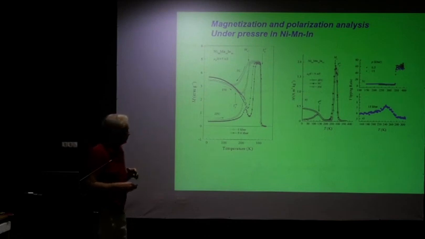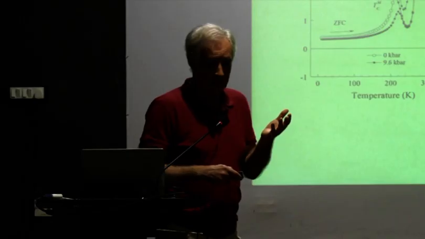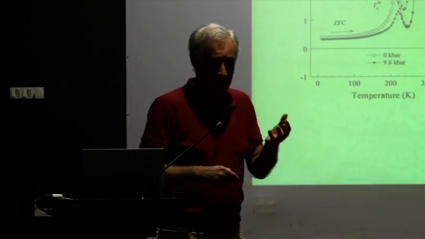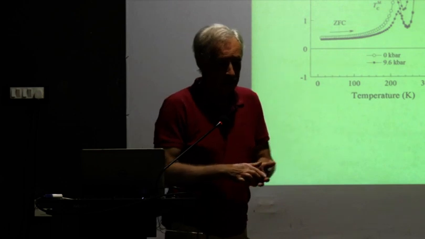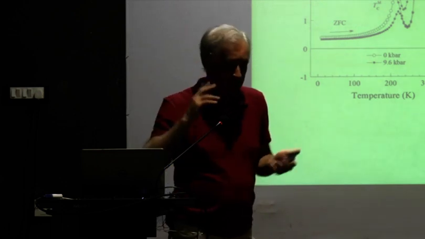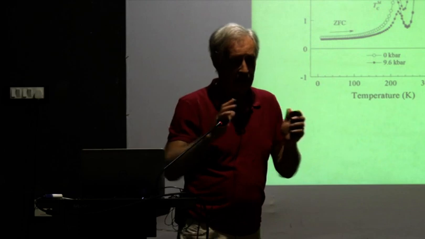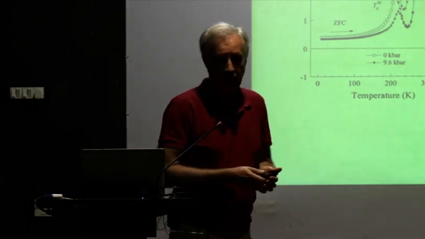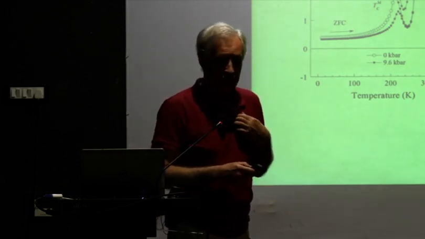It could be that the correlations are not strongly antiferromagnetic. What you can do then is apply hydrostatic pressure to the system and try to bring the atoms a little bit together and see if the interactions change.